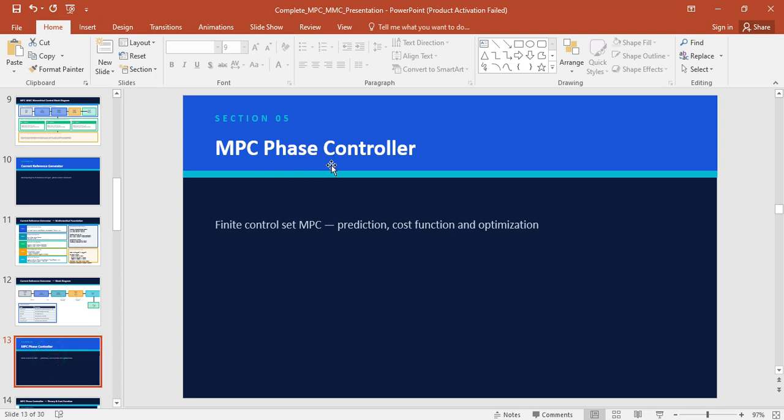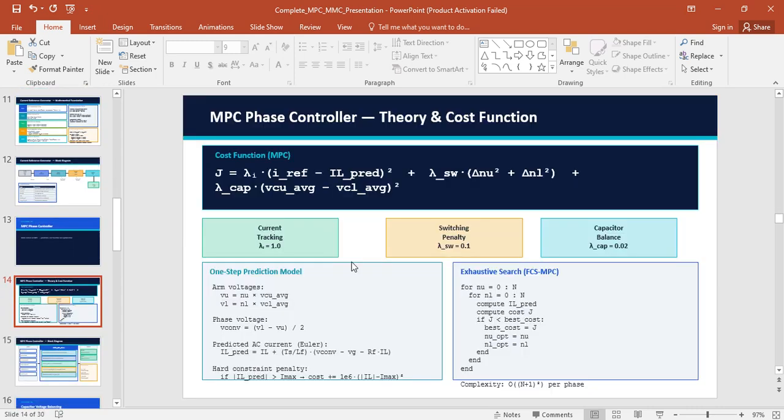MMC phase calculator. Now we have a finite control set MPC for the prediction, cost function, and optimization, right? Our cost function in the MPC phase controller basically comprises three lambdas: one for the reference current, one for the switching penalty, and one for the capacitor balancing.